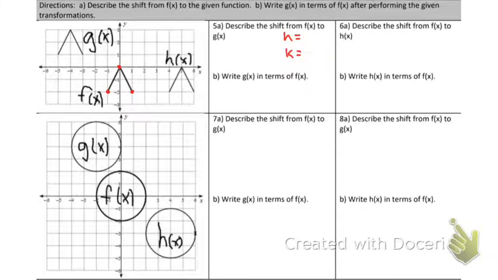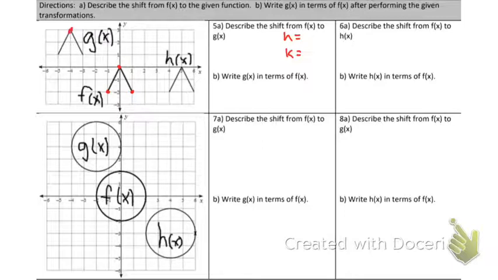So going from f of x, how do I get to g of x? I'm going to use this point. If you do 1 point, you're pretty much good. You don't have to do all three, because if it works for one, it will work for the others. I want to know, do I have to shift left or right to get from this point to its matching point in g of x?